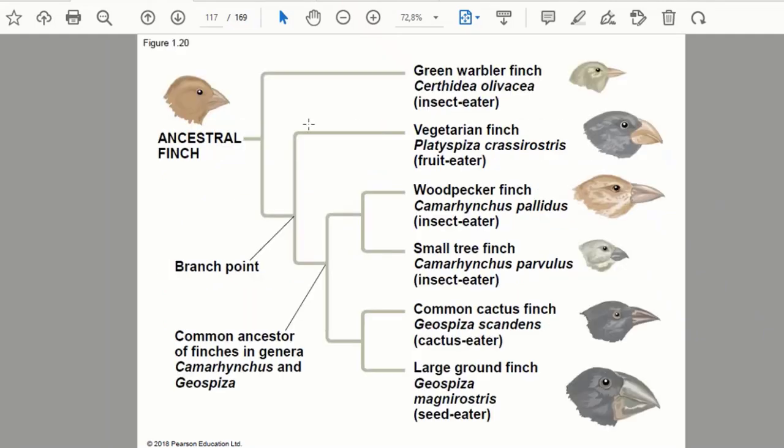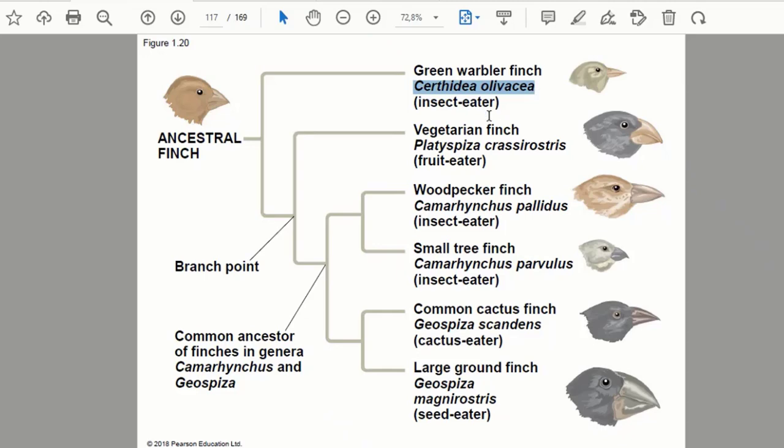So it would be like this. These finches have an ancestor, and you can see that they branch. Here there's the green warbler finch, which has a scientific name in italics, and is also known as an insect eater.